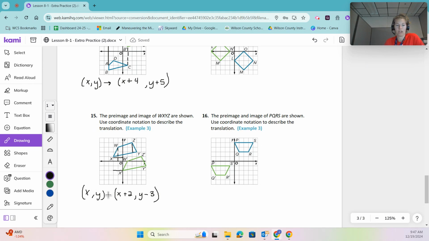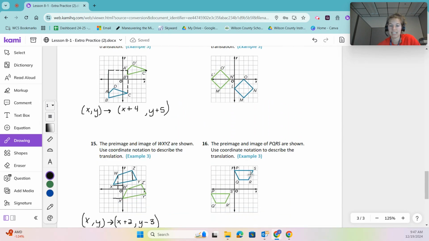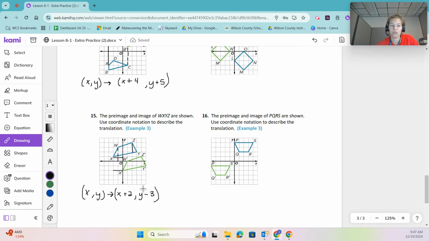This is what is happening. You can try number 13 or 14 and 16 on your own using that coordinate notation. And that is translations on a coordinate plane.